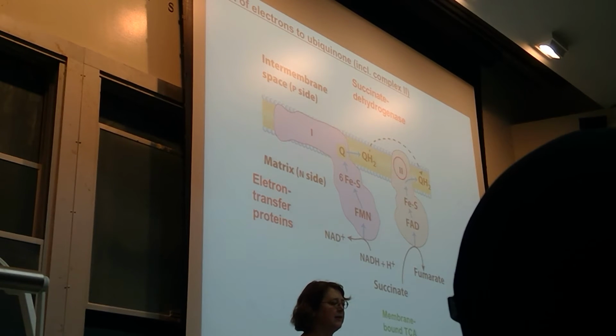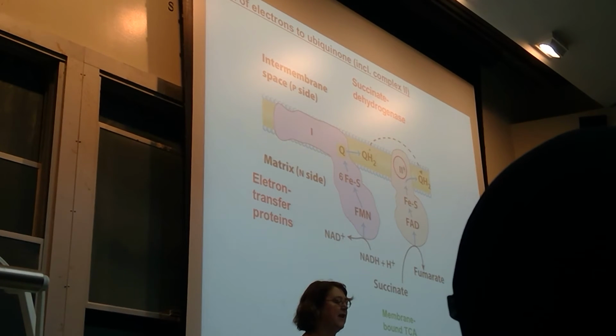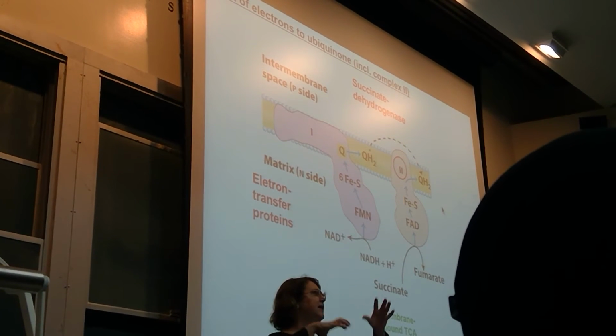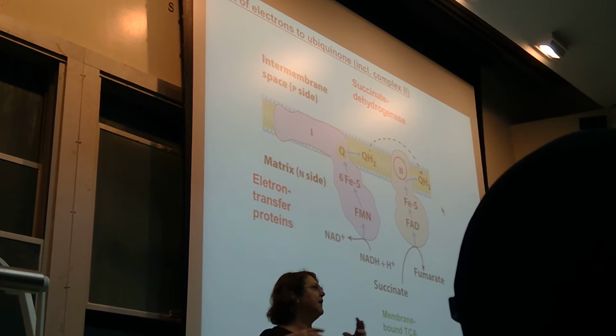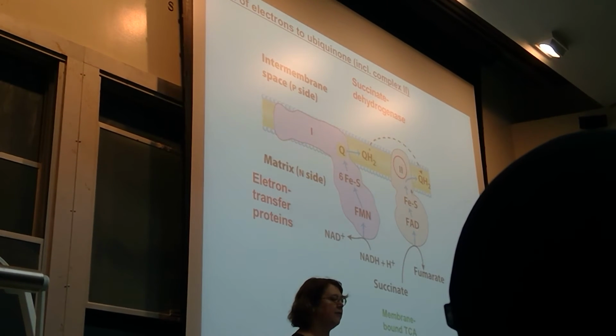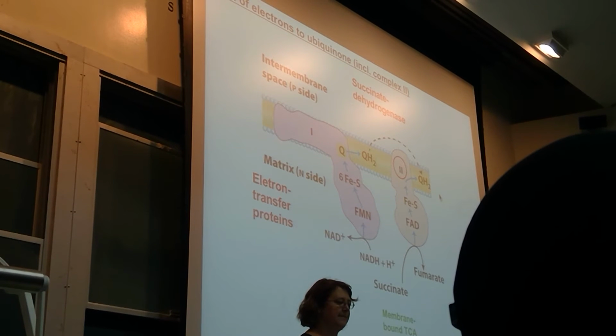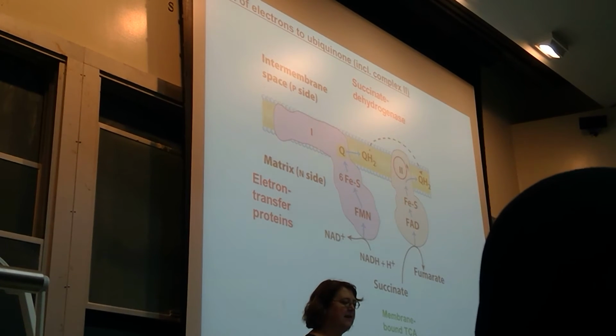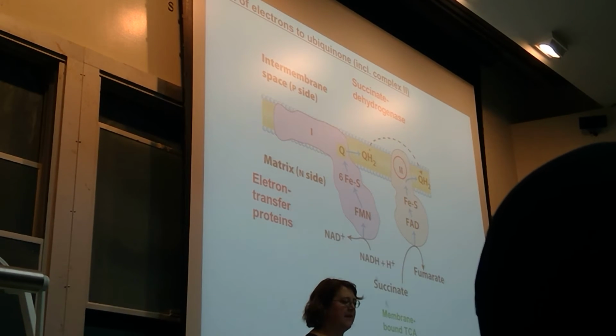Basically, we'll have another Q coming in here to make QH2, but it's just showing that all of these QH2s are freely diffusible, and so it can also be over here to move on to the next step, or to be available for binding here. So this is complex 2. Now let's look in more detail at complex 3. For complex 2, this is the very basics of what you need to know.